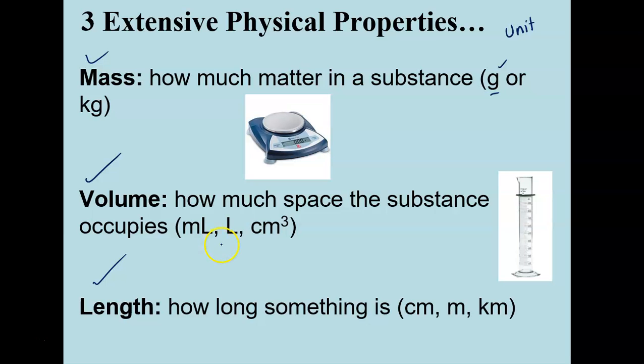For example, if we are measuring the volume of a liquid and it has a ml or an L behind it, we most likely used a graduated cylinder. Centimeters cubed, that would be a measurement made using a ruler. Not always, but that's pretty much how we will use it in our class.